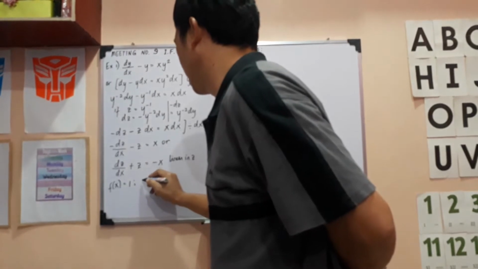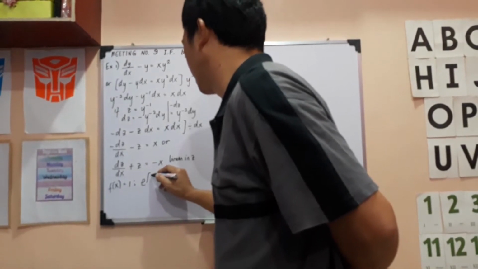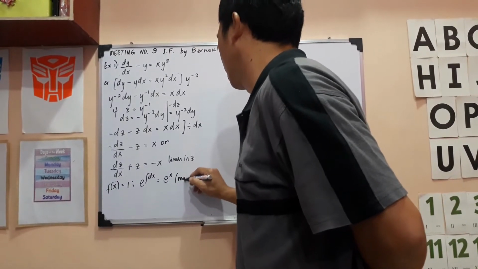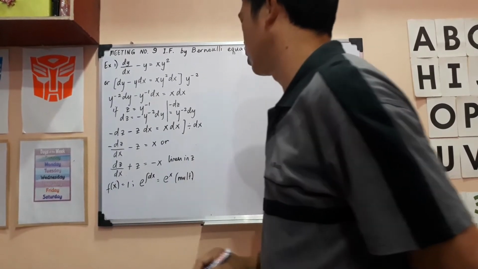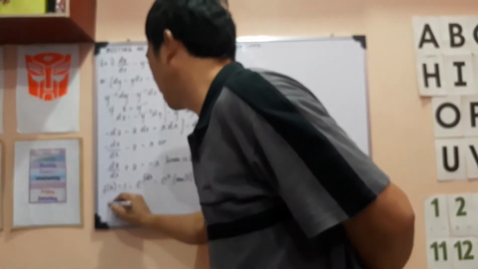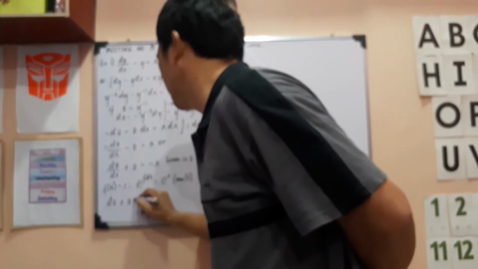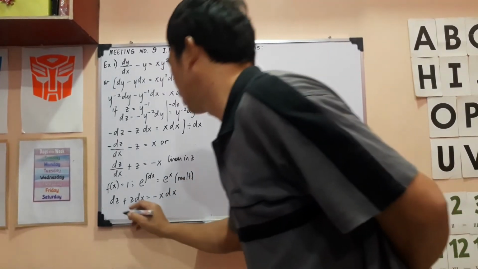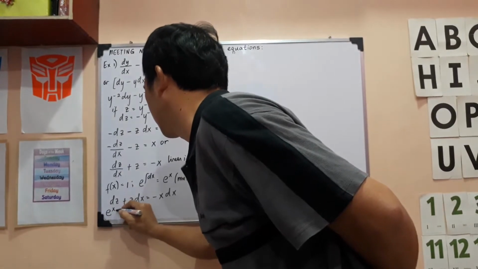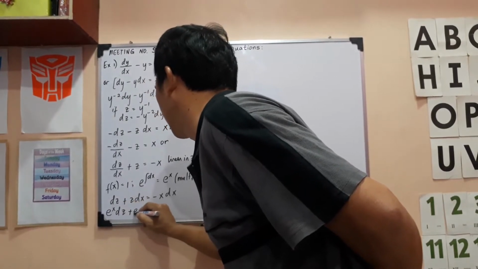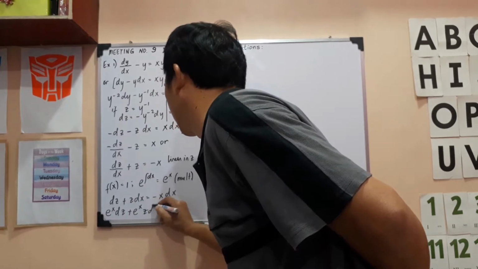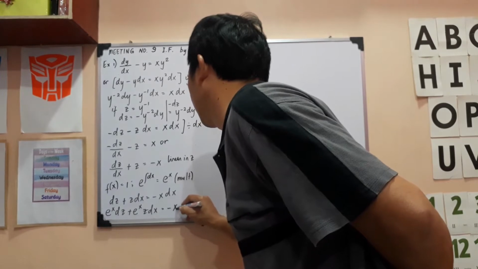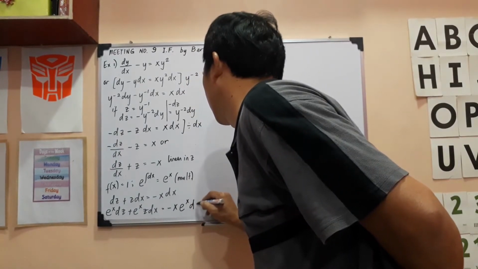So, we have e raised to the integral of 1 dx, which is equal to e raised to x. Now, this is our multiplier in our equation. So, dz plus z dx is equal to negative x dx. Multiply by e raised to x: e raised to x dz plus e raised to x z dx is equal to negative x and then e raised to x dx.